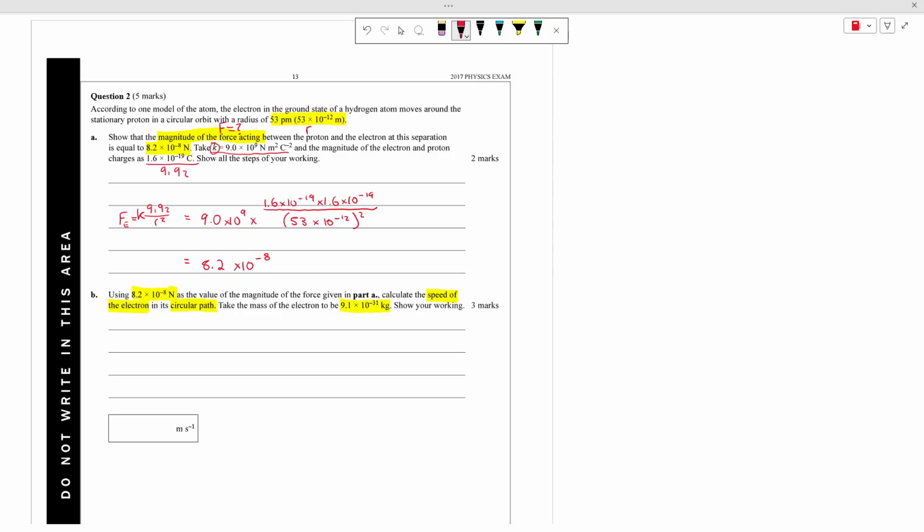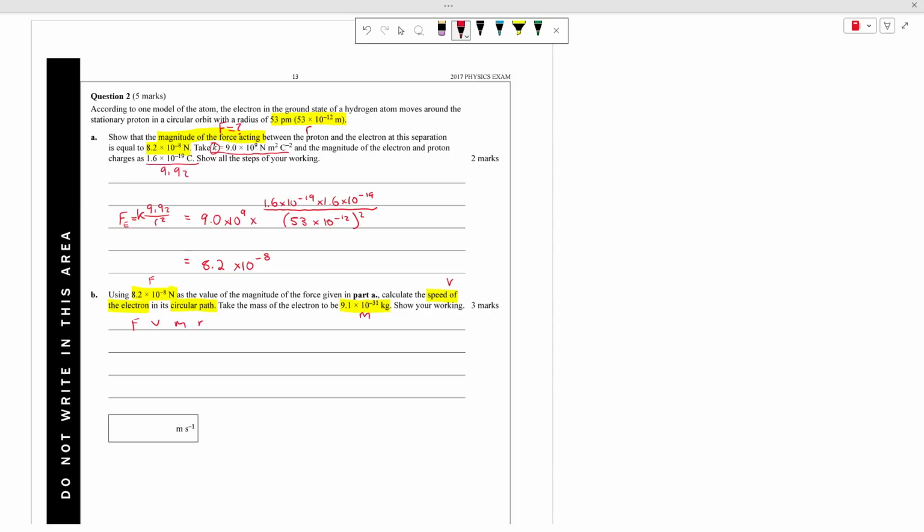So let's just write things down. We've got F, we want V, it's a circular path, I've highlighted that because it's important, and we've got M, and there's also a radius of orbit up here. So we've got F, V, M, R. How do I link all these things together? Okay, and in particular, it's a circular motion question.